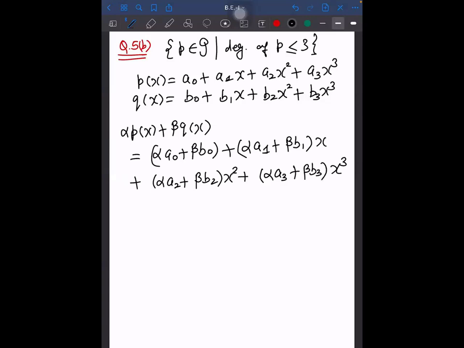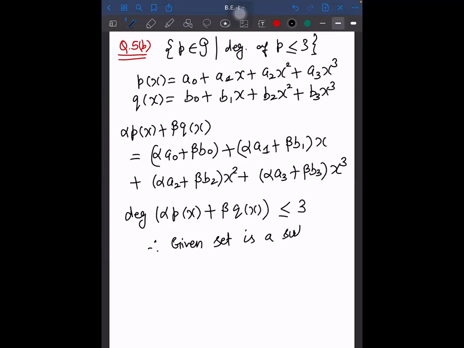Now the degree of alpha px plus beta qx, since all the constants are real, is also going to be less than or equal to 3. So therefore the given set is a subspace of P. Is it fine?